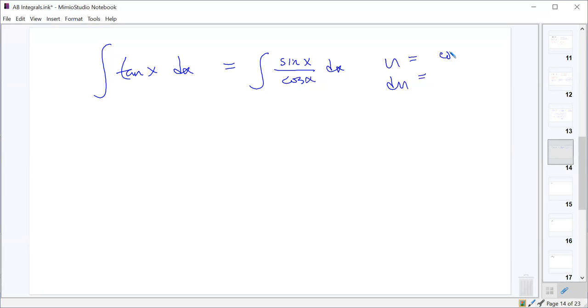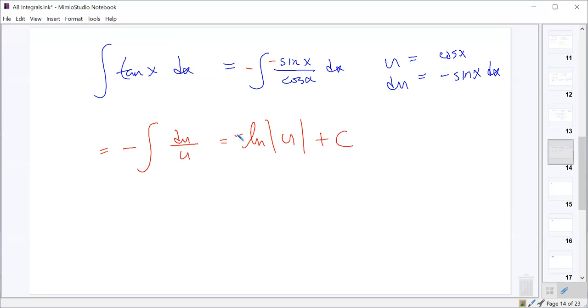Cosine x. And so du will be negative sine x dx, which means that we'll have to put a negative sign inside, which means we'll also have to put a negative sign outside. And we have now got the opposite of the integral of du over u, or 1 over u times du. And what does that become? Natural log absolute value of u plus your constant with the negative out in front. And we end up with negative natural log absolute value of cosine x plus a constant.